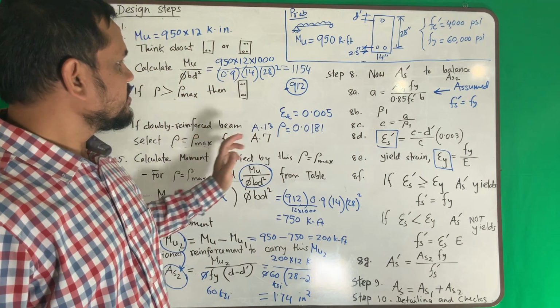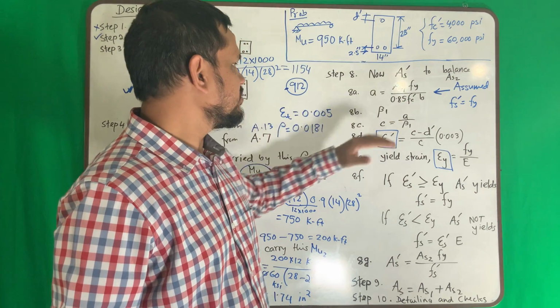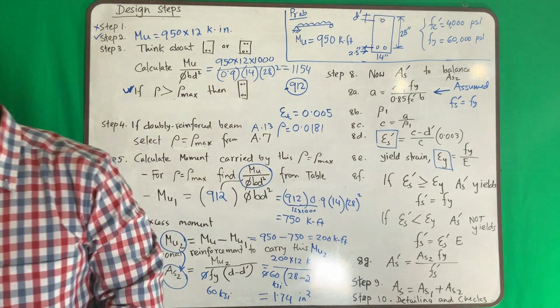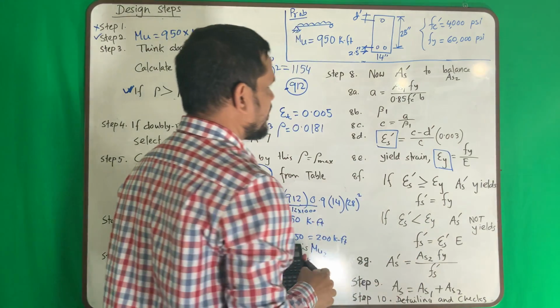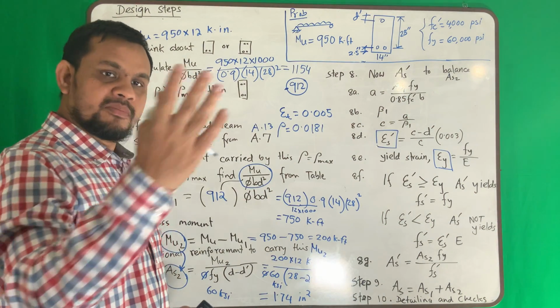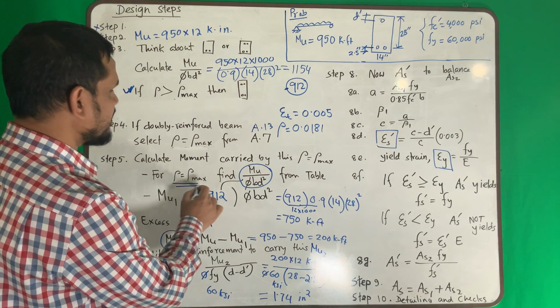Now my turn is to find my reinforcement there, AS prime. How to find it? These are the steps. So what is my AS1? AS1 is my maximum reinforcement that I provided somewhere here. Rho equals rho max.